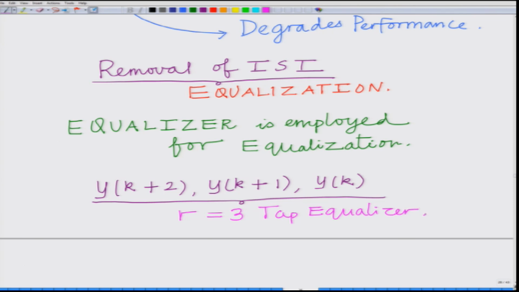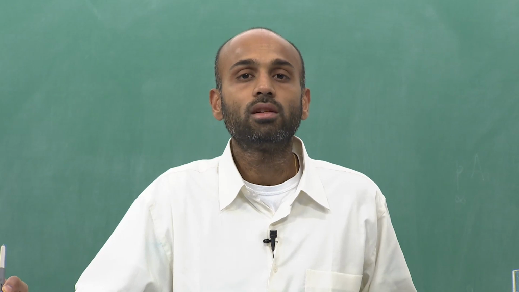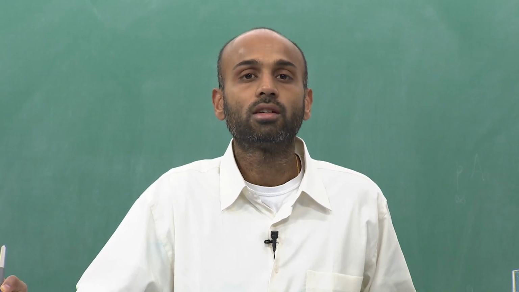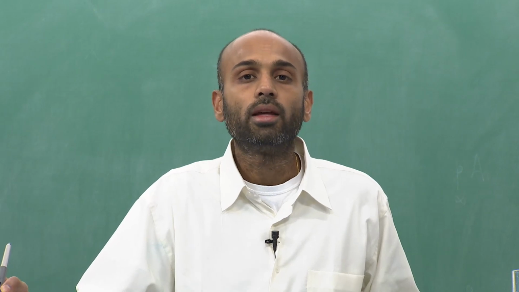So, the number of symbols used for the purpose of equalization is R equals 3. Therefore, this is also known as a 3 tap equalizer.